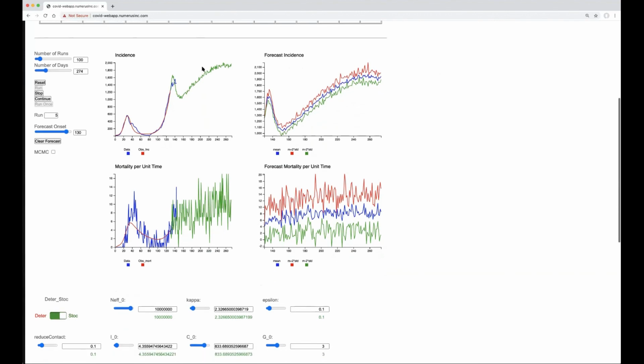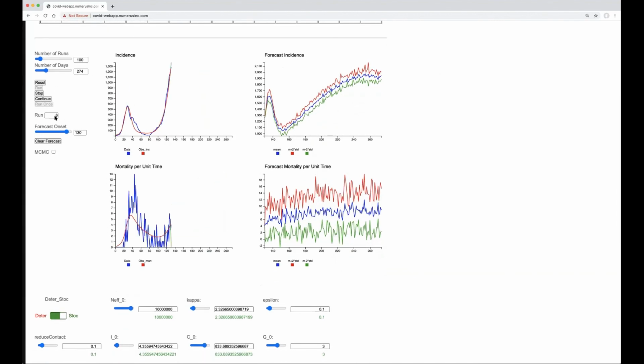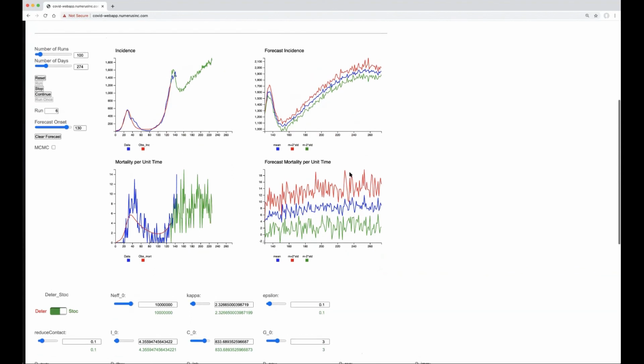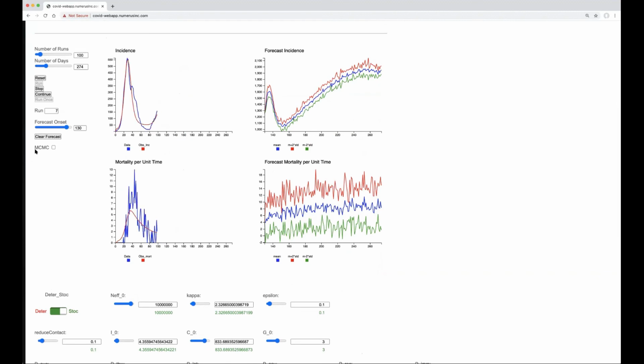Now we're back at the website. You can see that we're in our 6th run and we're beginning to build up the statistics. Now, these statistics are purely arising from demographic stochasticity. However, instead of a maximum likelihood estimate of parameters in, say, the initial 31 days, if we had done a Bayesian Markov chain Monte Carlo method, then we wouldn't have got a single value for the parameters that we were fitting, but we would have got the likely distribution of parameters.